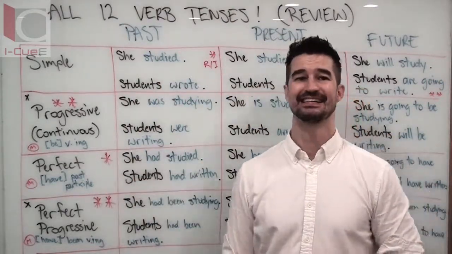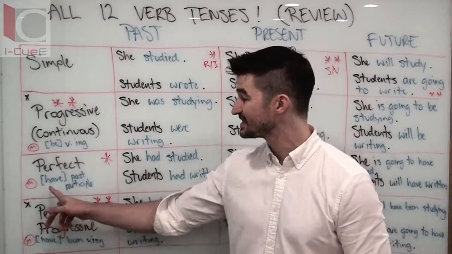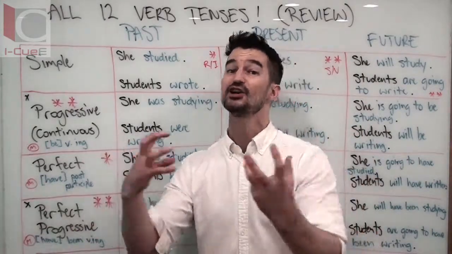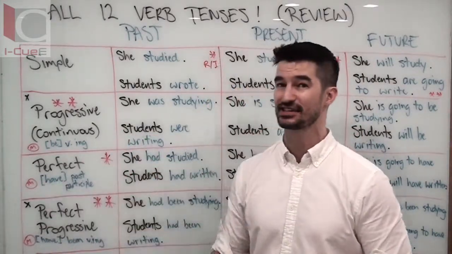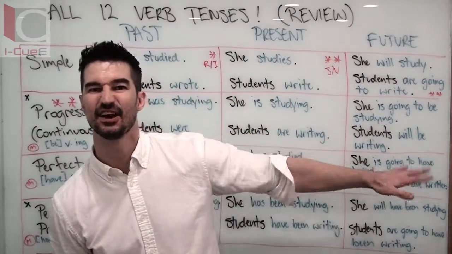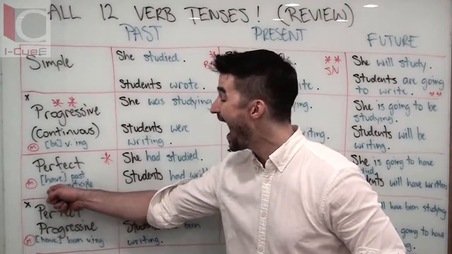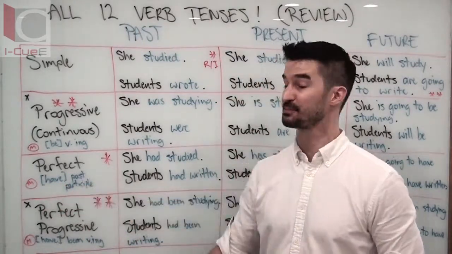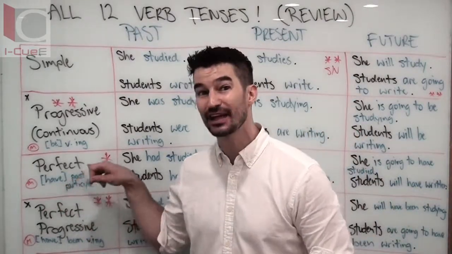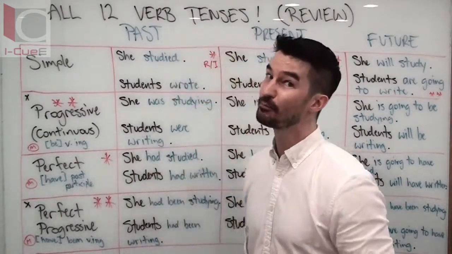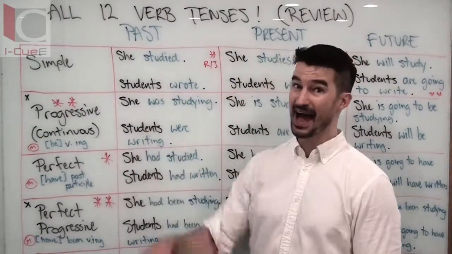The perfect tenses. Remember that the perfect tenses always begin with the verb to have, and that is the one that's going to change, unless it's the be going to future tense. We'll get to that. But have plus the past participle. And this is why regular and irregular verbs are important. You need to know them. Simple past.